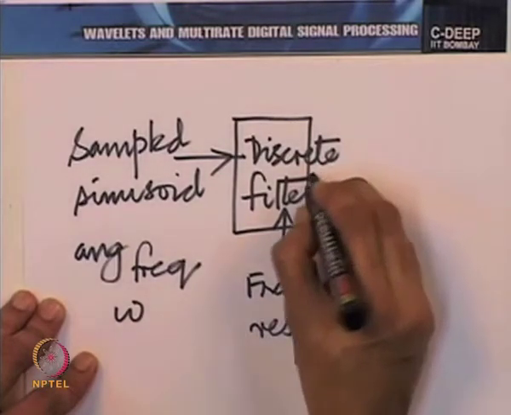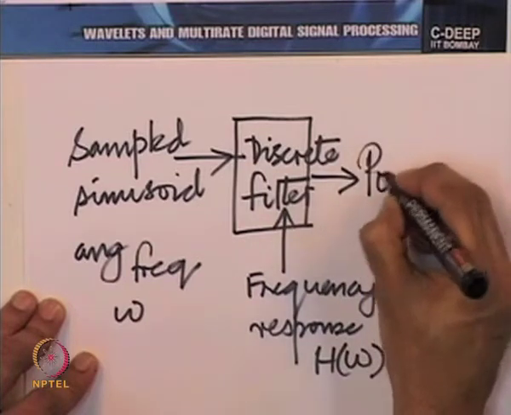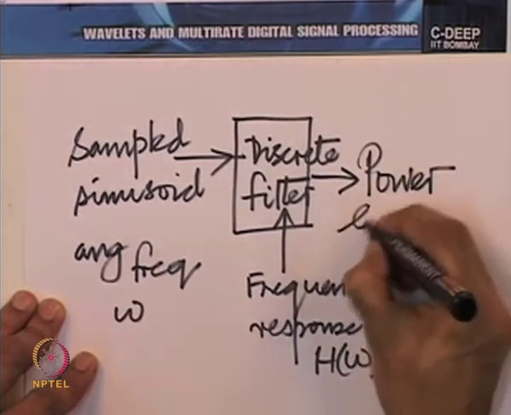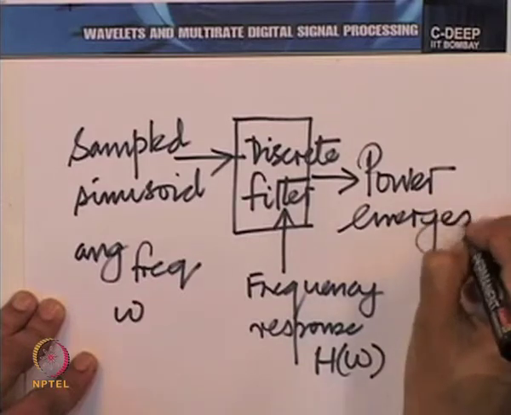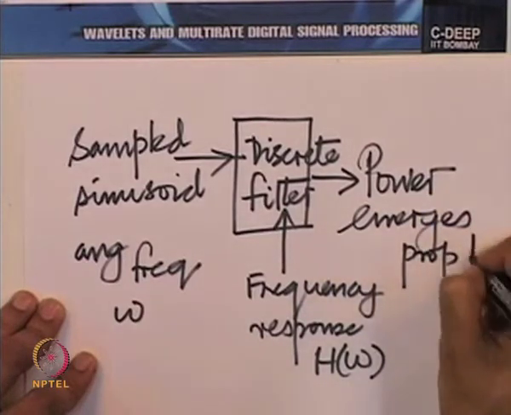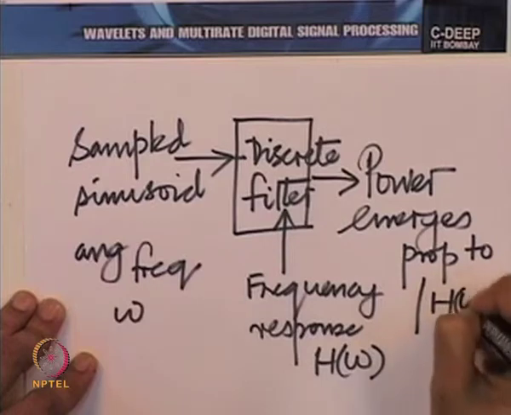Then the power that emerges from here is proportional to mod h omega squared.